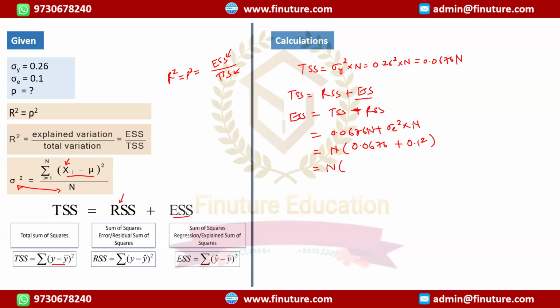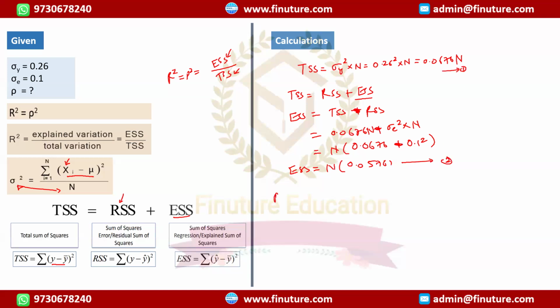So if I keep ESS on one side, it is TSS minus RSS, so we'll have to subtract it. 0.0676 minus 0.01 gives you 0.0576. That is your ESS. Now let me label this as 2, and this as 1.